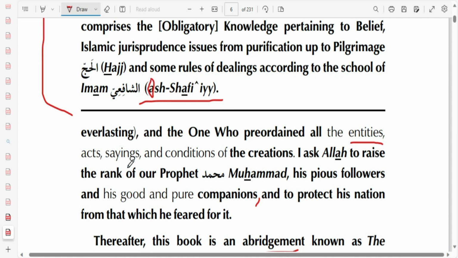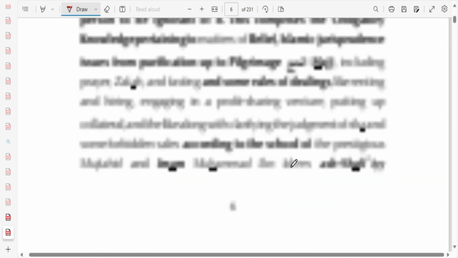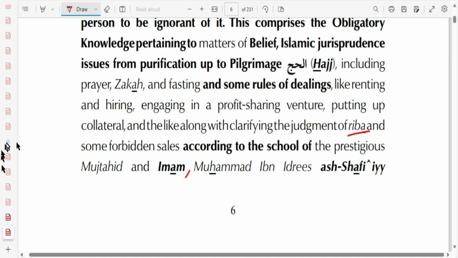And a lot of people do that. A lot of Muslims do that when they transliterate these Arabic names. I don't do that because you're not supposed to start a proper name with a small letter. But I just want to point that out to you. So, according to the school of the prestigious Mujtahid and Imam Muhammad ibn Idris al-Shafi'i.